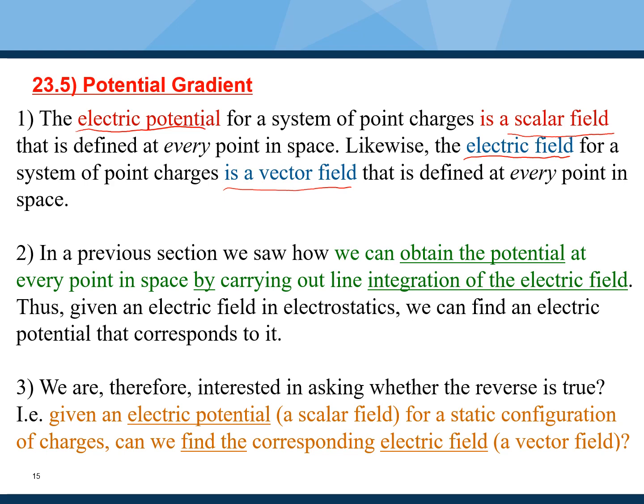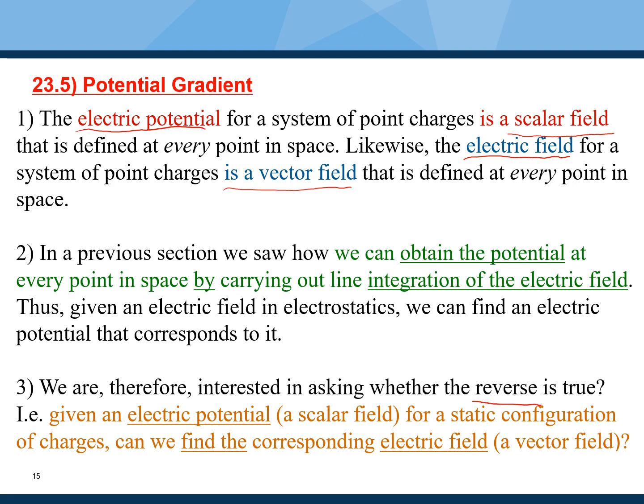So this makes us realize that if we can obtain the potential at any point in space by carrying out an integration of the electric field, then can there not be a way of reversing that procedure? In other words, given an electric field, we can always find the electric potential associated with that electric field, but can we not obtain the reverse of that?